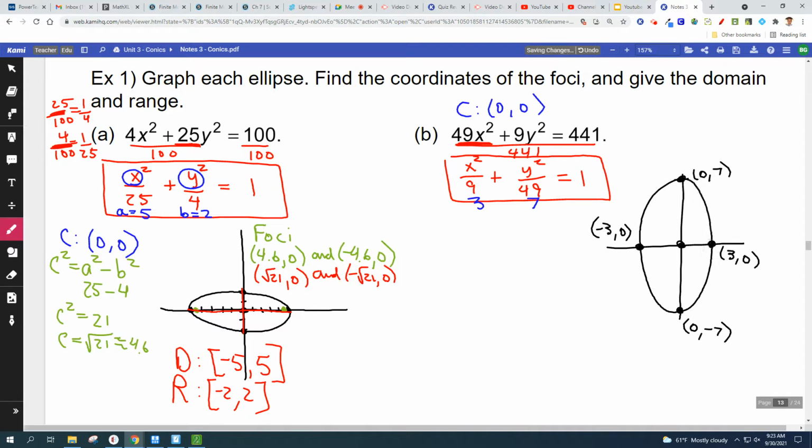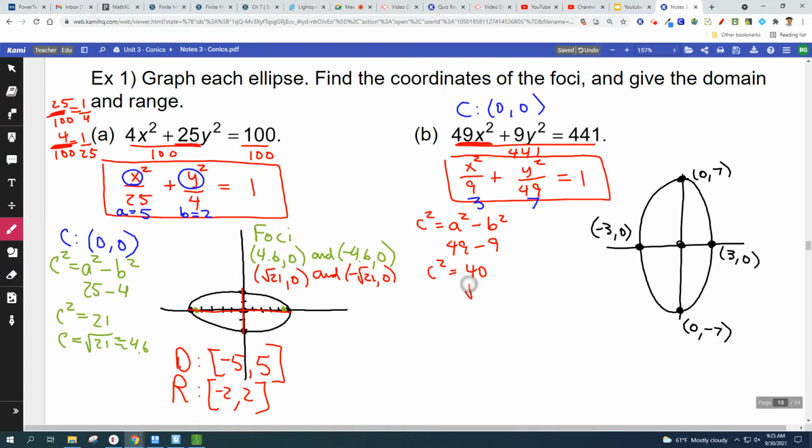I don't need tick marks to see what that's going to do. But when I want to find the foci, that's where I need this equation. C squared equals A squared minus B squared. A squared was 49, it's the bigger number. B squared was 9, so that's 40. C squared equals 40.